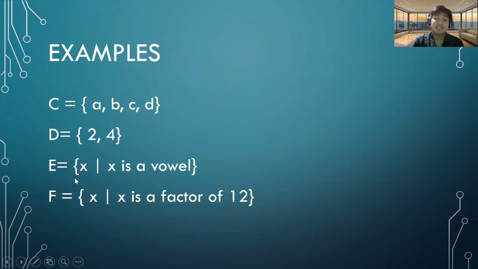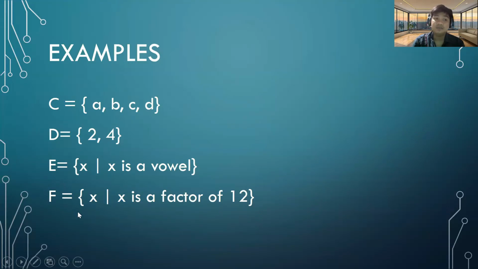And we have set E with an element x such that x is a vowel. So we know na yung set E natin is may laman na 5 na elements. We have the A, E, I, O, U. And we have F such that x is a factor of 12.